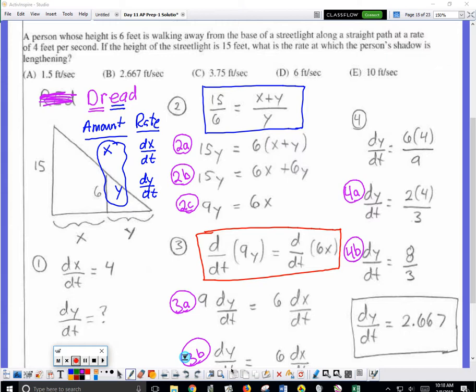However, this is an exception, because the algebra to rearrange is so simple that it really is of value to do some rearranging. In fact, I would have done one more step here. I would have divided both sides by 3, so we end up with 3y equals 2x. And then it makes the rest of the calculus a lot easier.